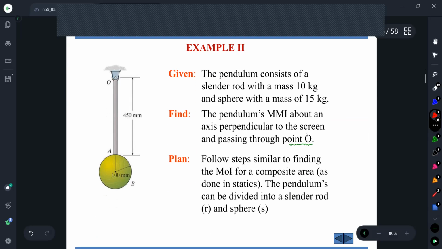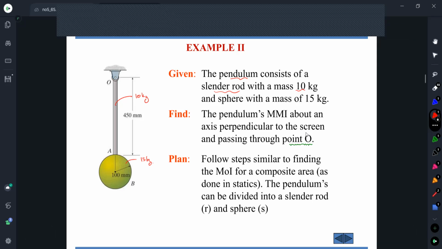Let's take a look at this example. The body is a pendulum that consists of a cylindrical rod with a mass of 10 kilograms and a sphere with a mass of 15 kilograms.